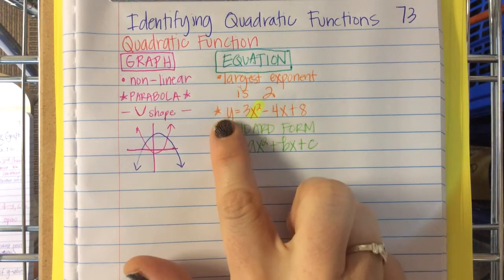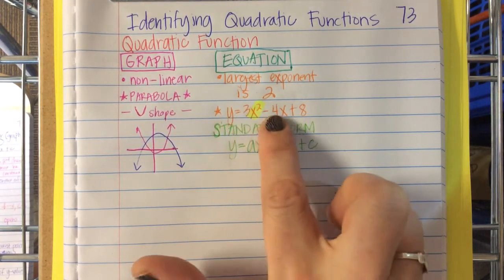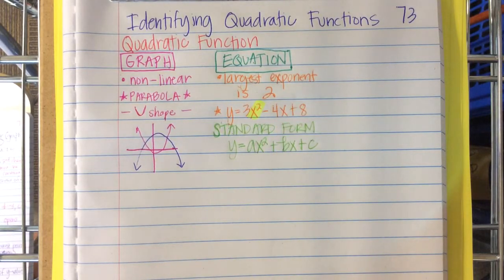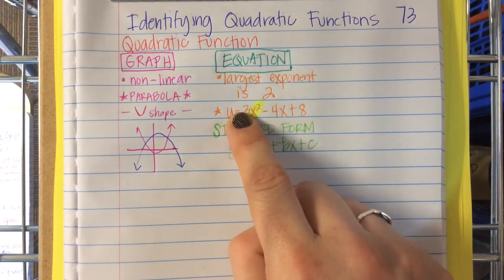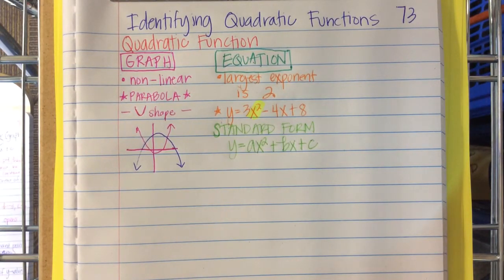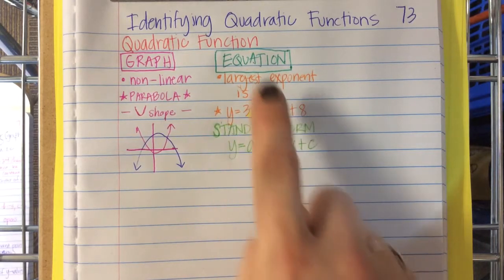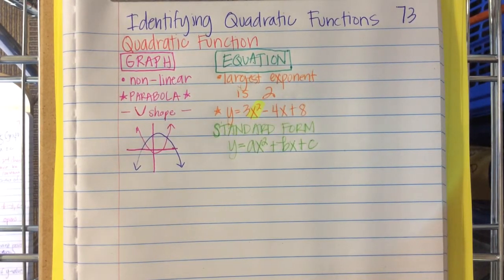Looking at this example up here of y equals 3x squared minus 4x plus 8, what's my a value? 3. What's my b value? -4. And what's my c value? 8. Positive 8. Easy. Can you look at an equation and say yes or no, it's quadratic?